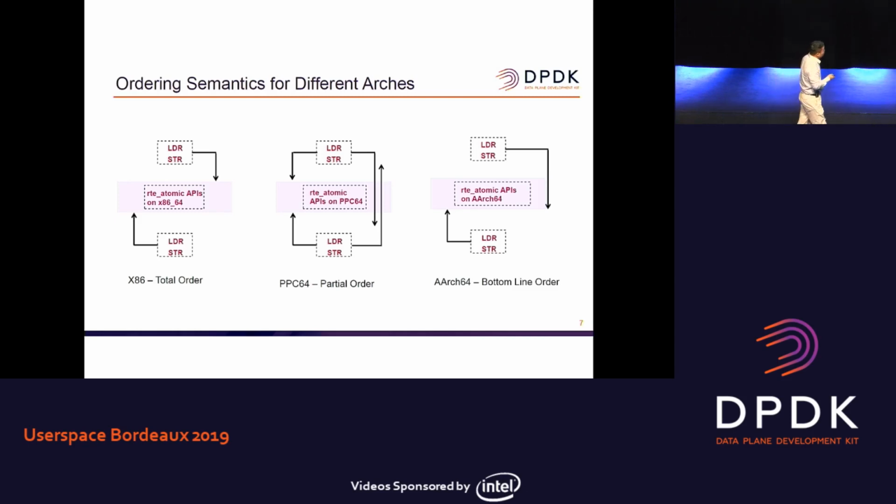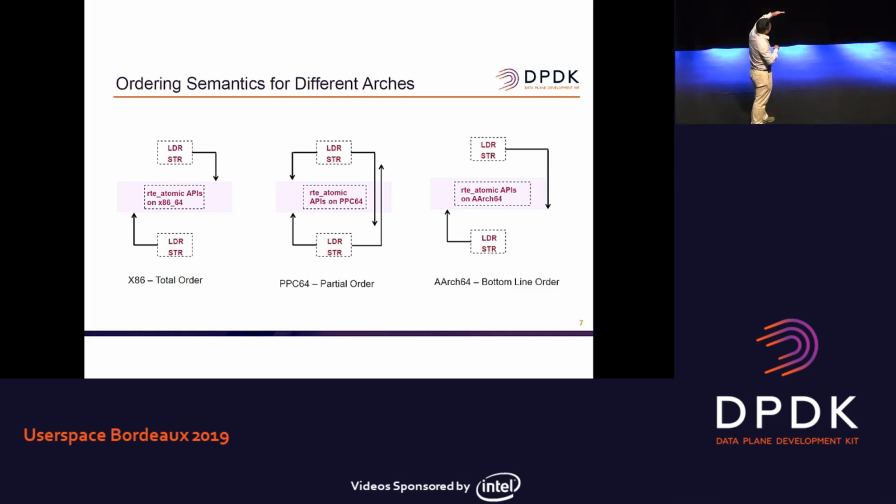On ARM64, later on I will show the disassembled code, in the end we have a DMB. This DMB is a full barrier. So at the bottom, loads and stores can't cross, but at the top, loads and stores can cross.